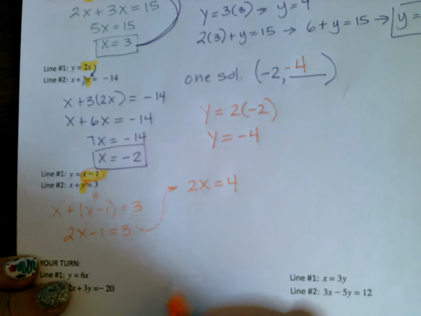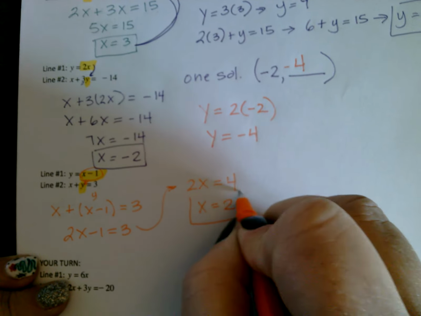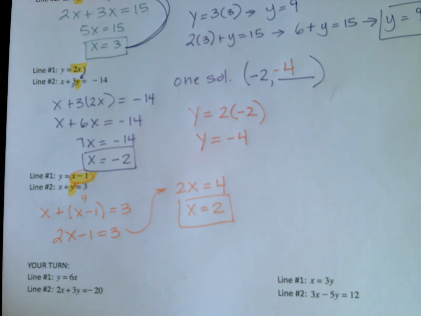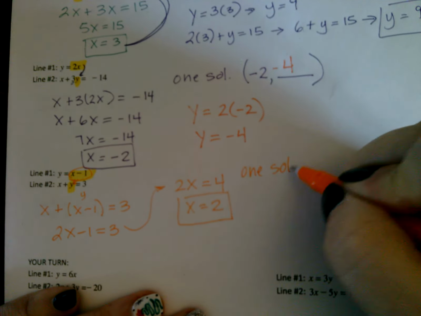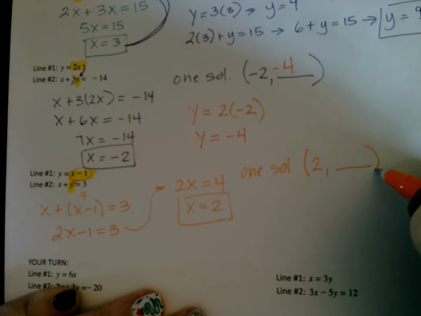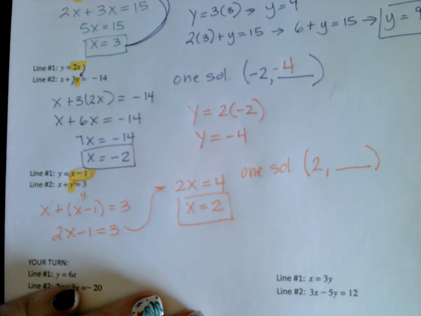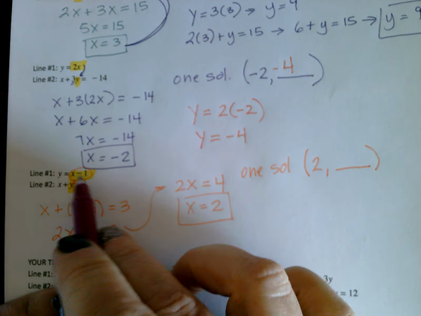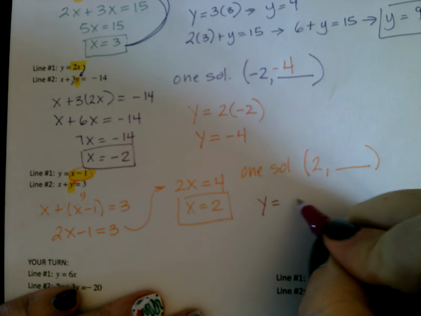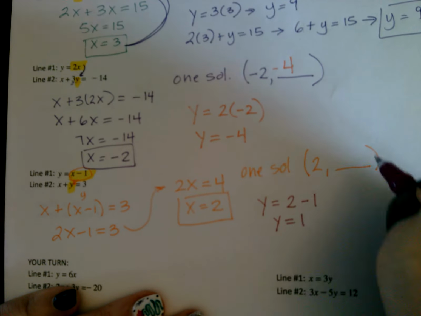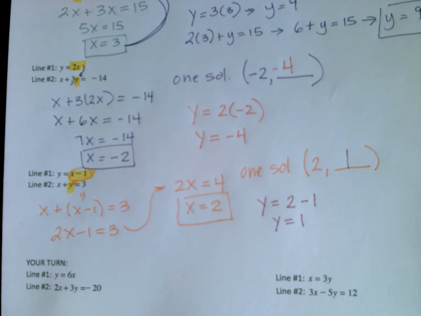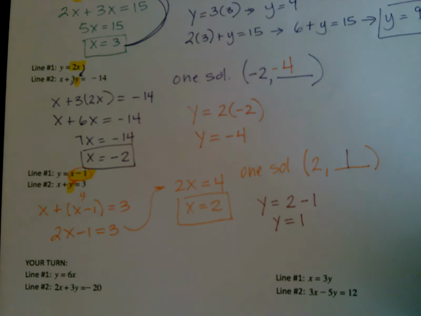I did not provide much room for myself to work. x would be 2. Because I have a number for x, I know there will be one solution, and now I need to figure out where the y is. You can pick either equation. I'm going to pick the top equation. So I'd have 2 minus 1, y equals 1. Those 2 points would cross where y equals 1.